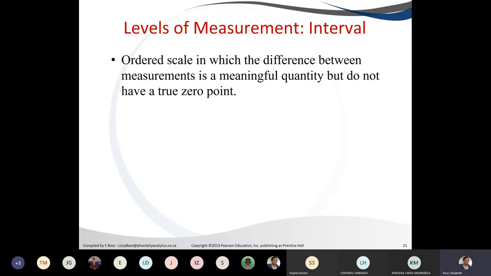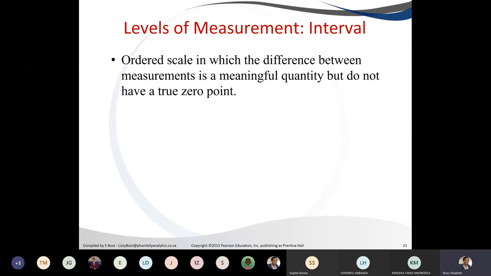What do I mean by that? There are only two or three things that can be categorized as an interval scale. Since they do not have a true zero point, it means zero is just another number.